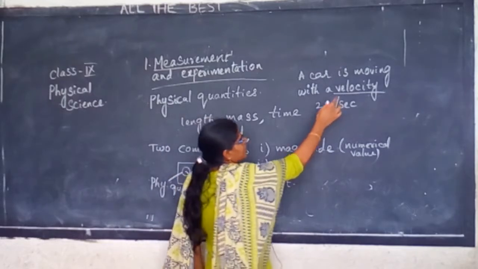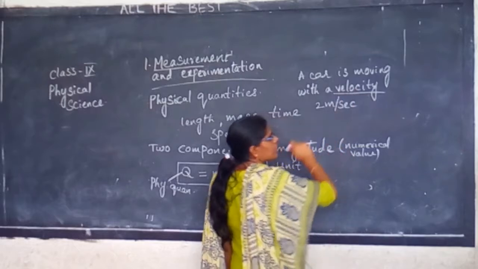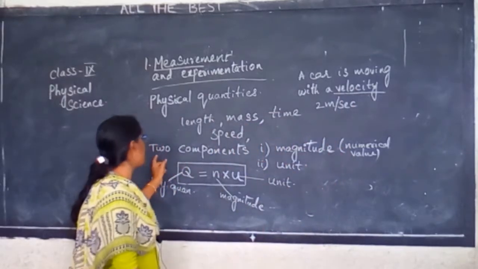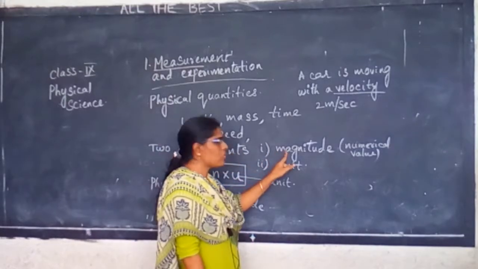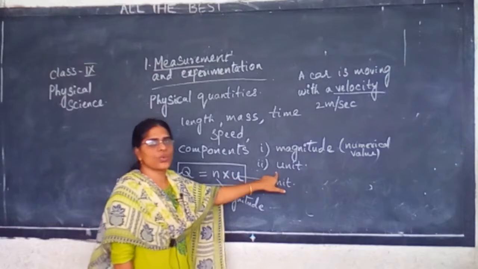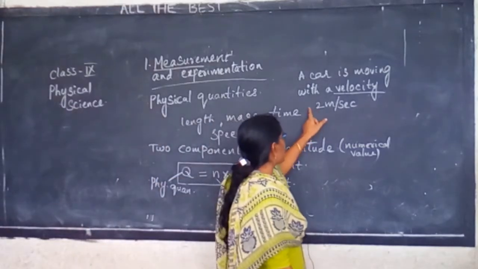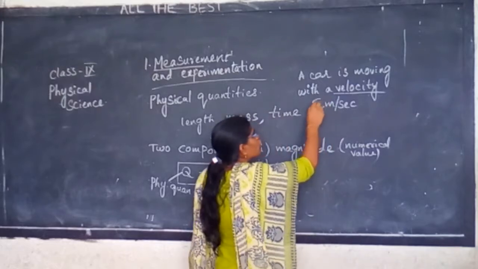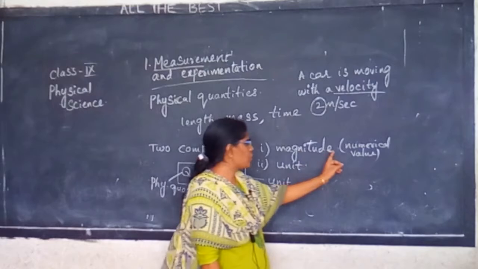We said velocity is a physical quantity. According to the definition of a physical quantity, it should have two components: a magnitude and a unit. In this problem, 2 indicates the magnitude.